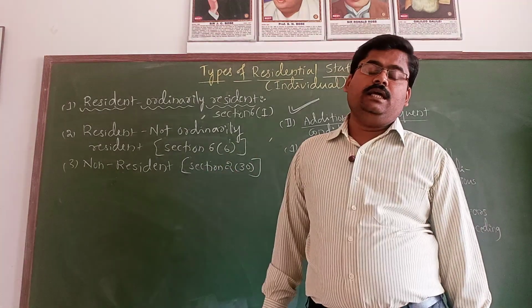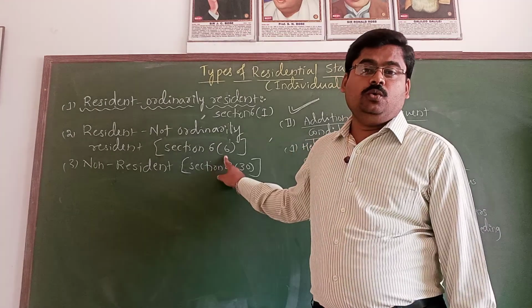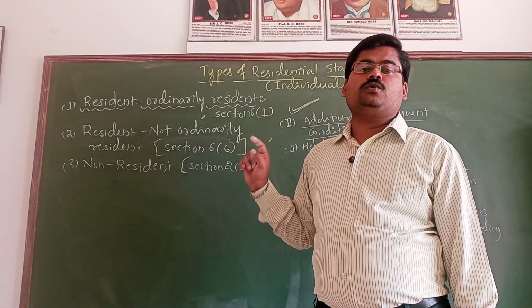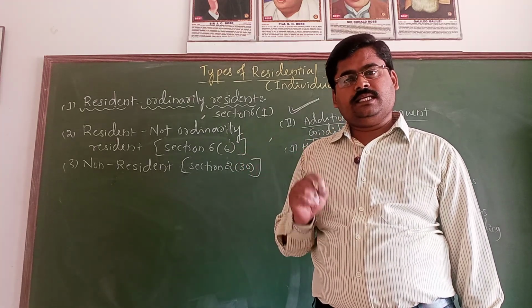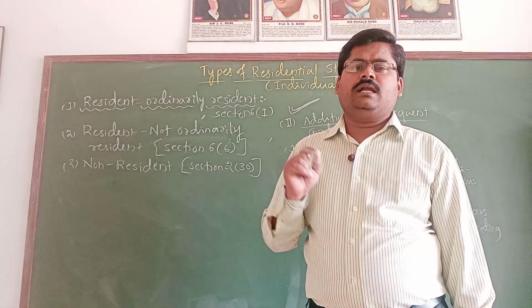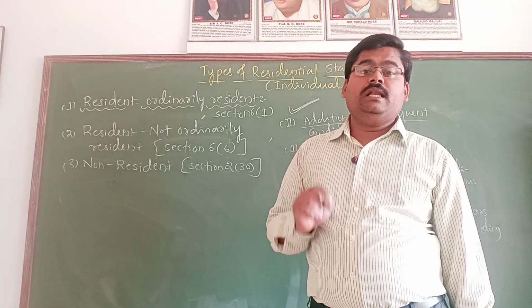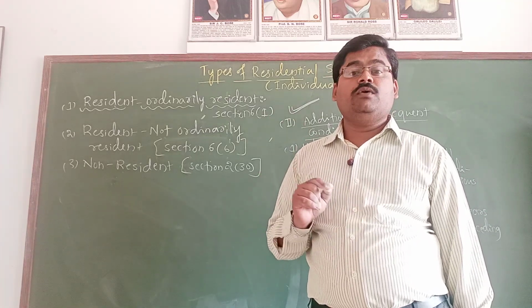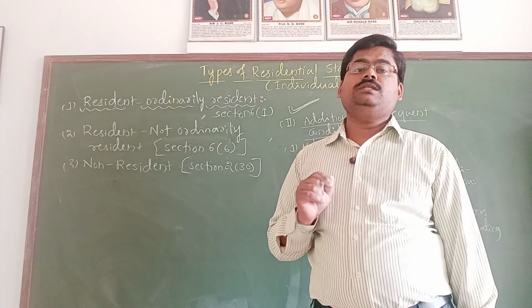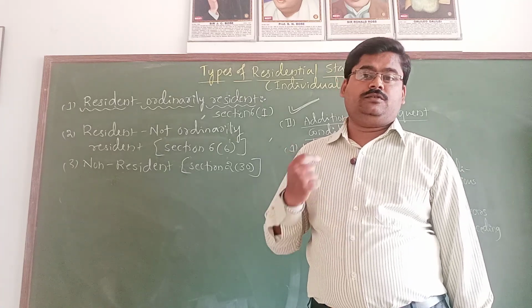And the last is the non-resident, NR, supported by section 2, subsection 30. Non-resident means he is a person who does not satisfy any one of the basic conditions. Then that person is called the non-resident.